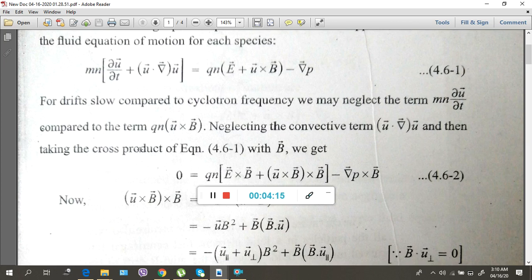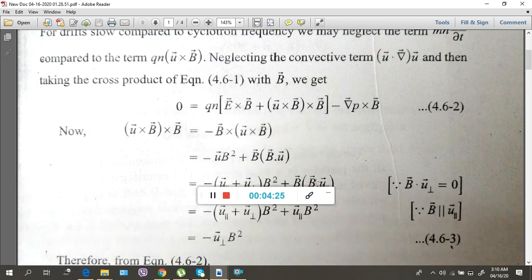Then taking the cross product of this equation with B, we get qn E cross B plus u cross B minus del p cross B. Basically we neglect the left hand side because the drift is very small compared to the cyclotron frequency.